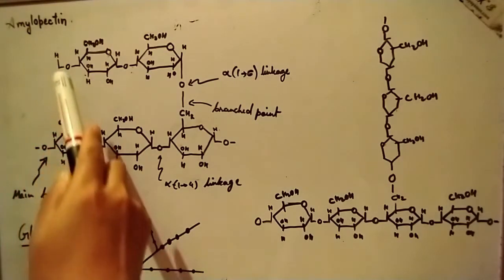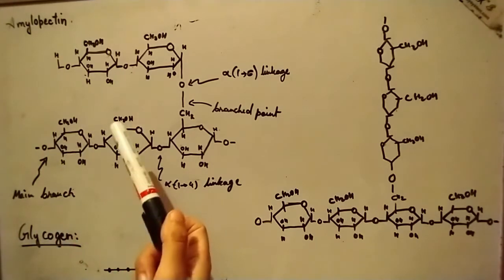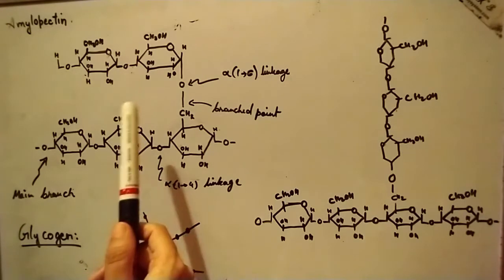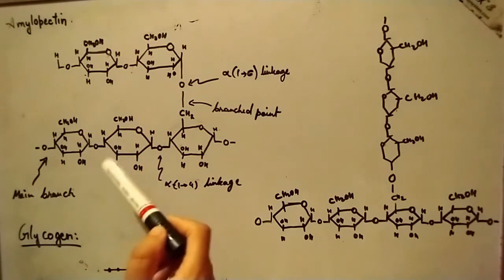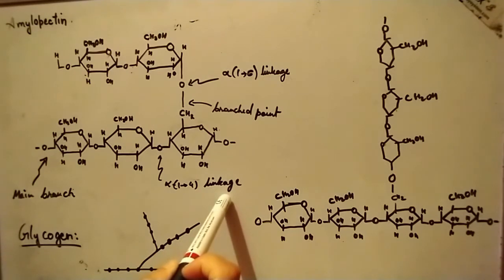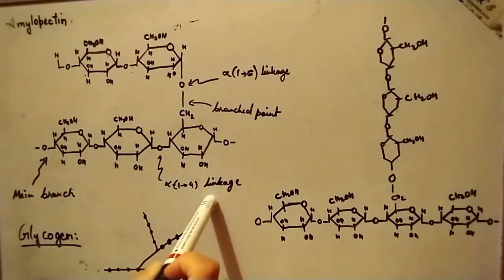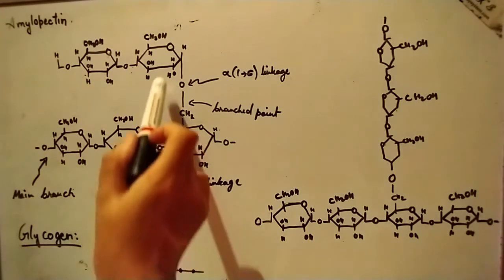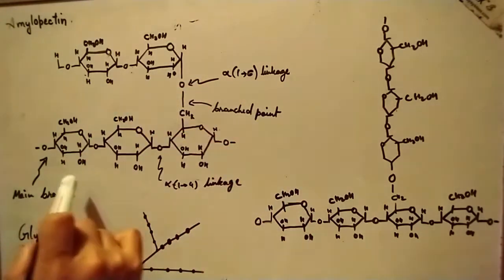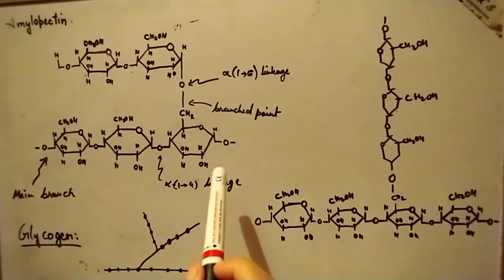Whereas amylopectin is also a polymer of alpha D glucose, which are linked by alpha 1,4 linkages, but it differs from amylose in being highly branched. You can see this is a branch chain and this is the main chain.